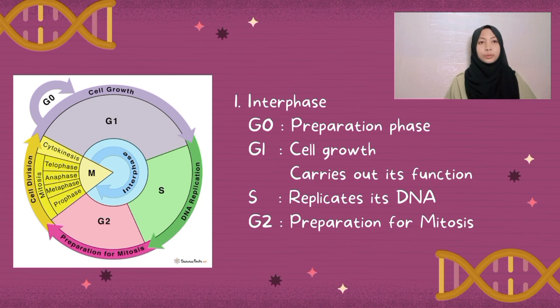G1 phase lasts for 10 hours, and in this phase the majority of cell activity occurs. The cell grows and carries out its functions. Then, in the S phase, DNA replication occurs. Last, the G2 phase is the preparation for the mitosis phase.